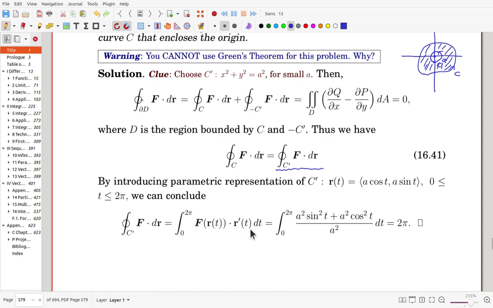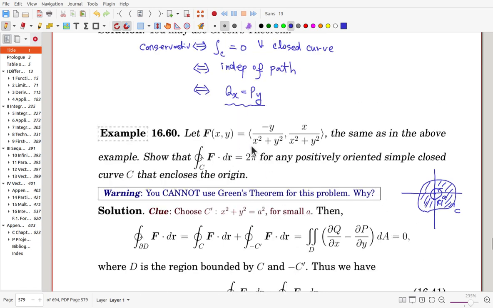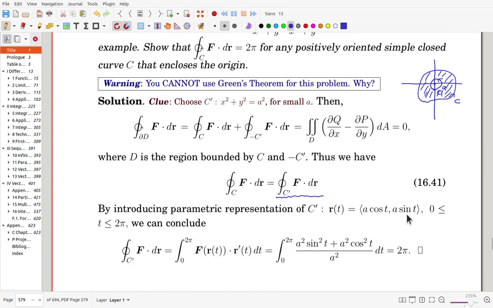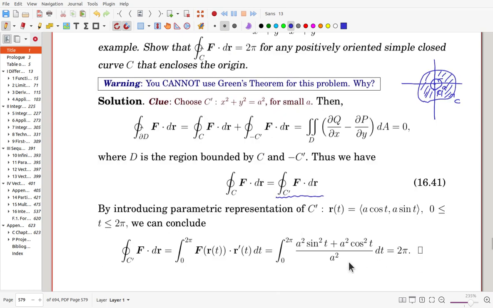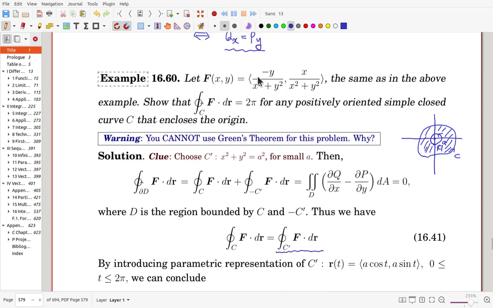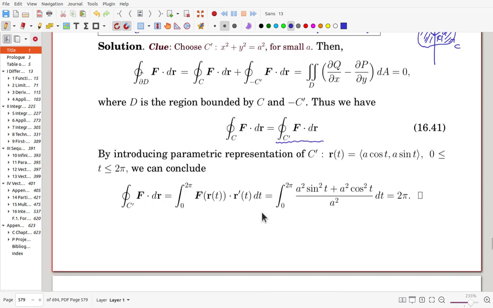If you use this and plug in the vector field, you can easily see that x² + y² is a², so we have a² on the bottom, and on the top we get −y, which is the same as −a sin t. We can see that quite easily.